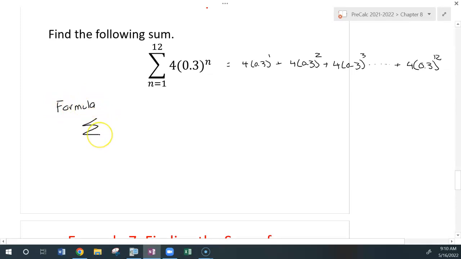It's this: the sum of i equals 1 to n of a sub 1 r to the i minus 1. And that's going to equal a sub 1 times 1 minus r to the n over 1 minus r.